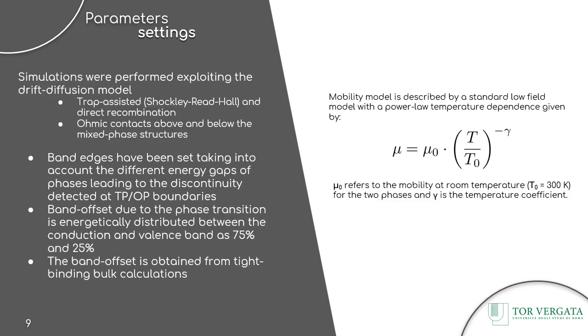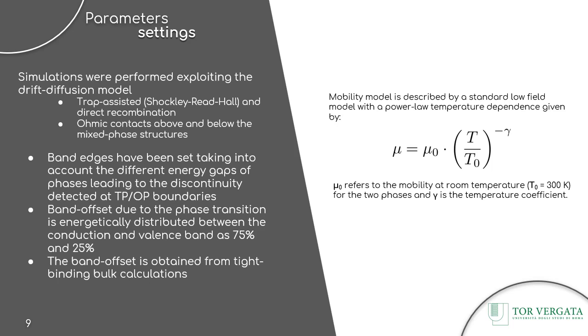Drift-diffusion simulations took into account Shockley-Read-Hall and direct recombination. Ohmic contacts were considered in order to study only the material's resistivity, avoiding the contacts effect. Band edges have been set considering the energy gap for each phase, leading to the discontinuity at the domain's boundary.